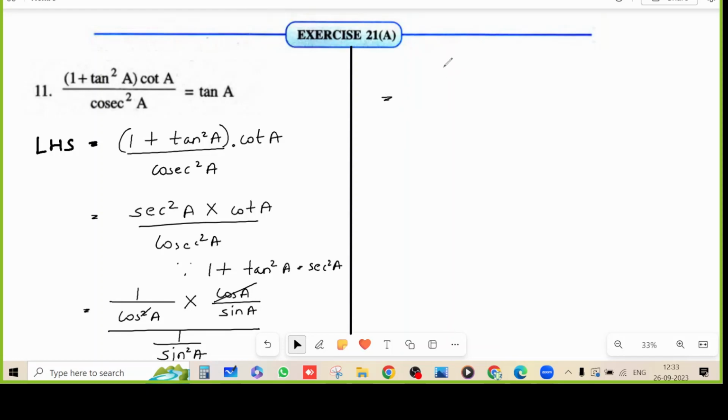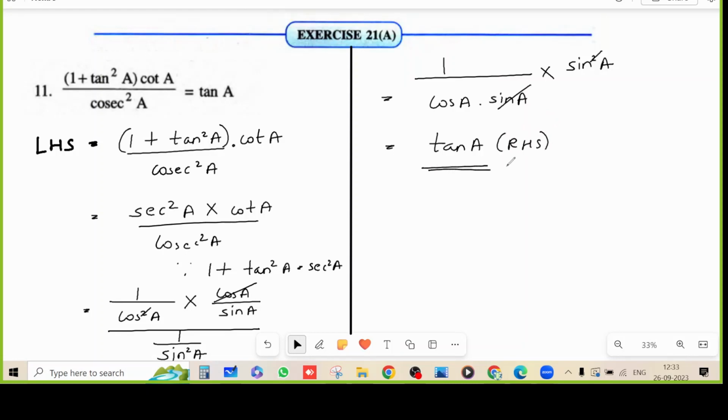So we are left with now 1 upon cos A upon sine A, and this will get reciprocaled. So this becomes sine square A. Now sine A and sine A will get cancelled out. So sine A upon cos A is equal to tan A, which is the right hand side. So this we have proved.